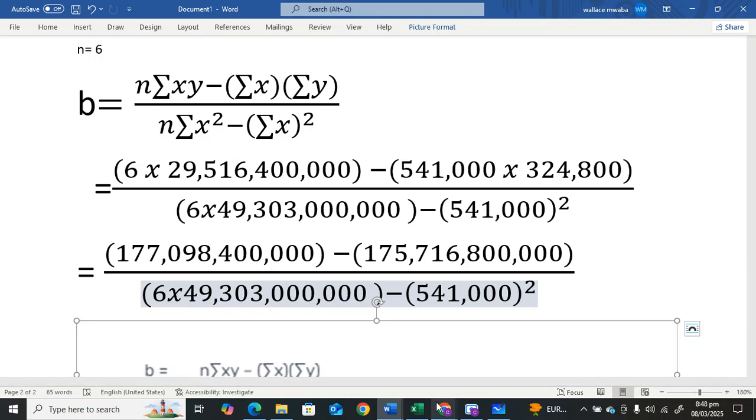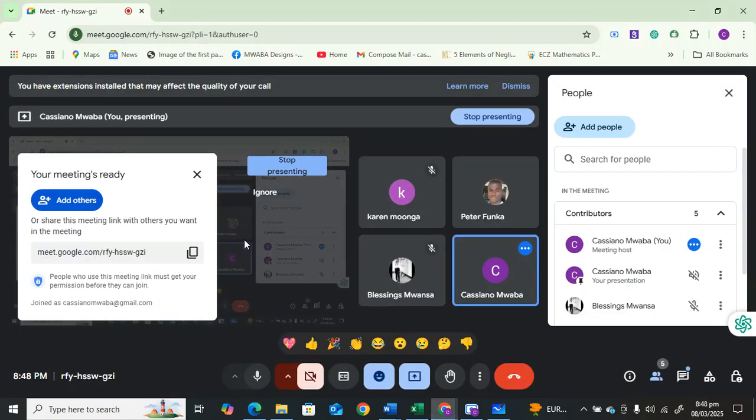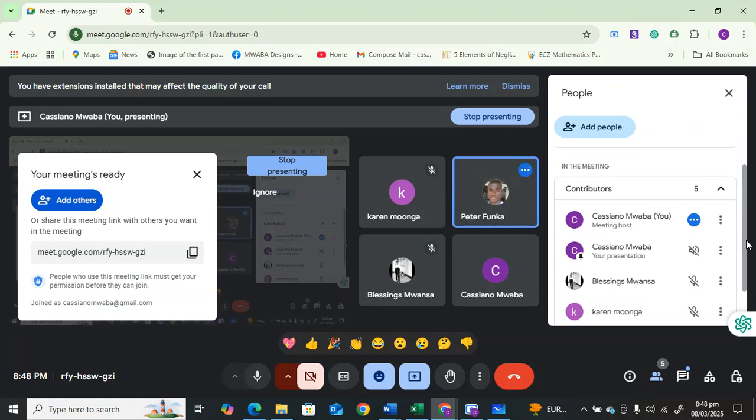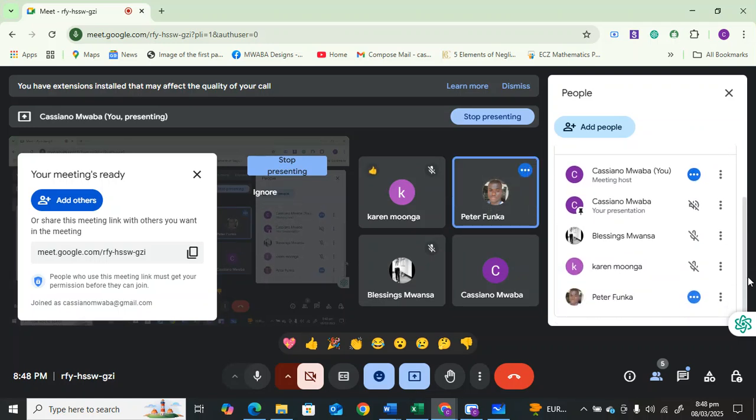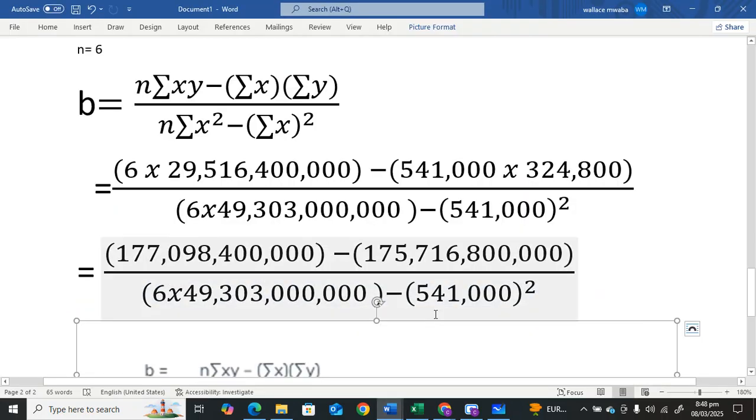But at least, okay, then please pay attention so you remember what's happening here. Madam Karen, are we getting those values? Okay, Madam Blessings. Or other people have been kicked out. Okay, Madam Blessings. Okay, wonderful.